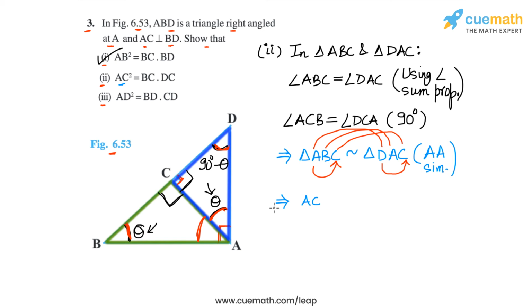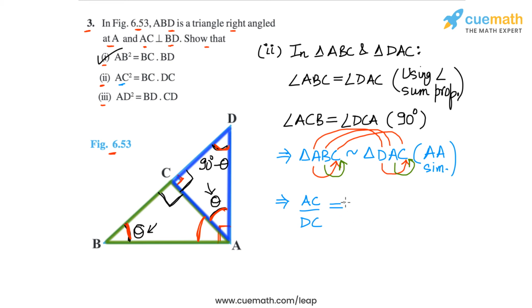So we have AC by DC, one ratio, will be equal to, then we take BC in the first triangle, and correspondingly we'll get AC in the second triangle. You can see the correspondence either like this, or you can also observe the figure and see which sides will be corresponding. You can do it either way.